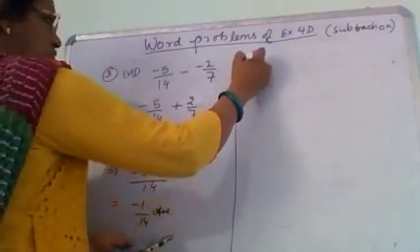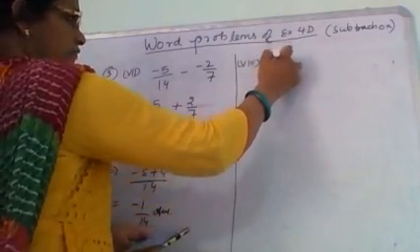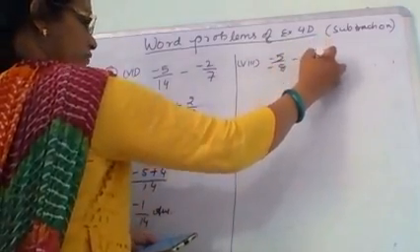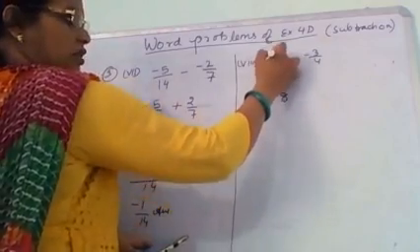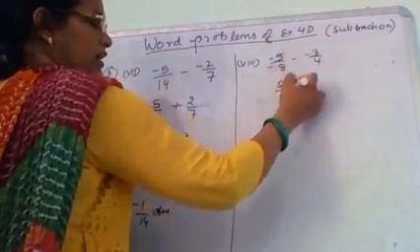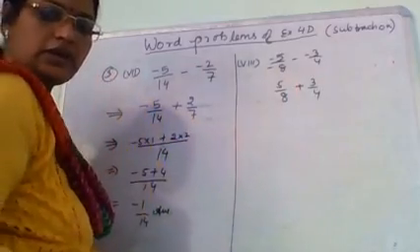Right? Another question you can see. 8th one. Minus 5 by minus 8 minus of minus 3 by 4. So 5 by 8, because both have the negative sign, so both will be eliminated, and here minus plus 3 by 4. So again you can do the LCM.